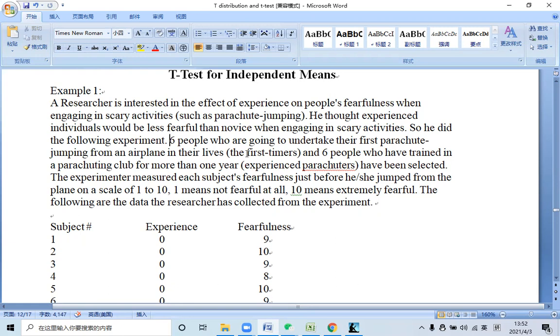He did an experiment. He had 6 people who are going to undertake their first parachute jumping activity. The first timers, never done it before. Like me, I've never tried parachuting. And he also got 6 people who have trained in the parachuting club for more than a year. These people have been doing it for more than a year.